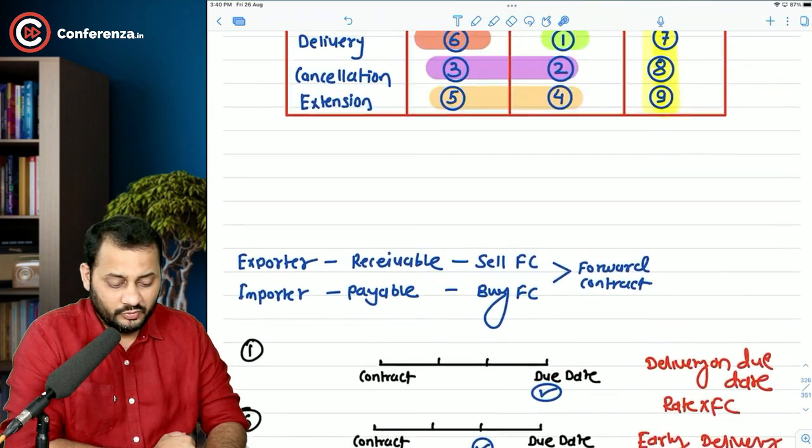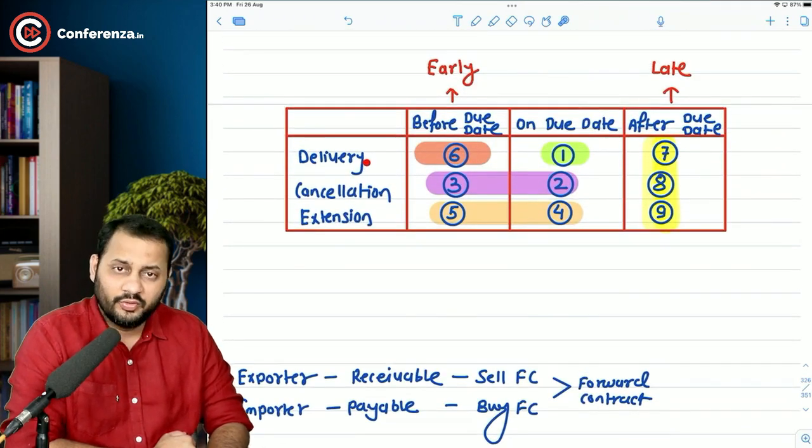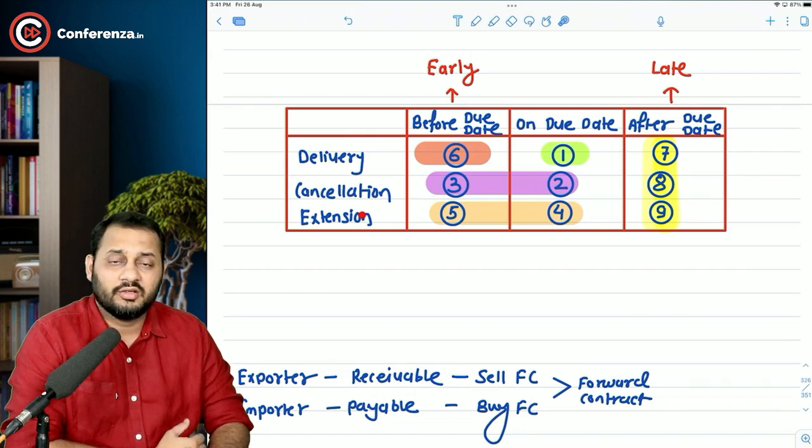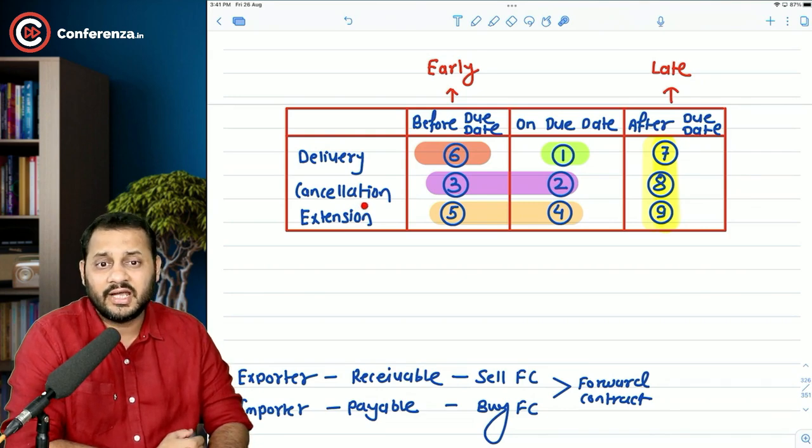Okay. Now sometimes you want to deliver the goods, but you want some extension. But that need for some time can be communicated to the bank on due date, before due date, and after due date.